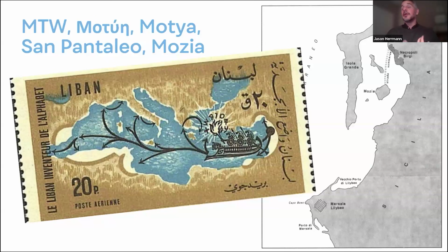Here's just an image of a beautiful stamp that shows the flow of people out of the Eastern Mediterranean, bringing this distinct culture out to the Western and Central Mediterranean. We also can see here a depiction of how Motya sits in this protected bay. Motya is this island here on the right.